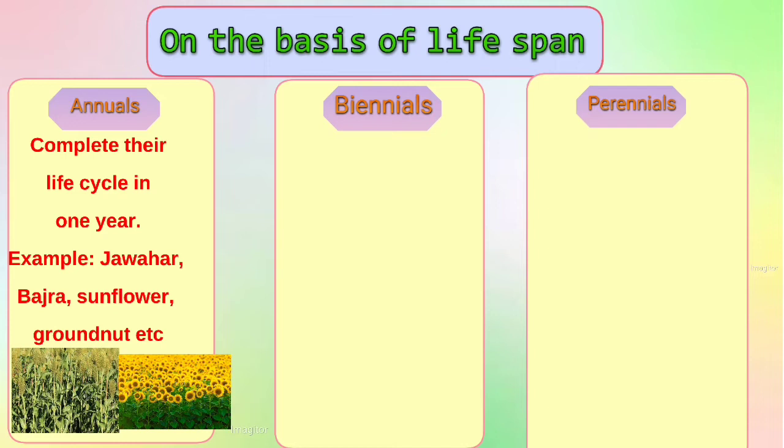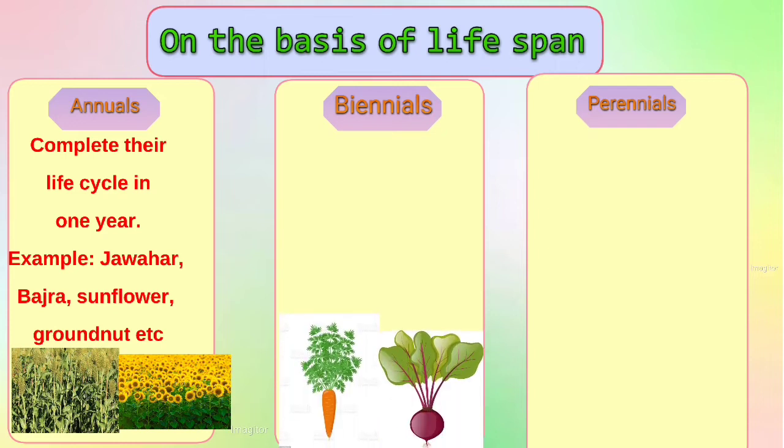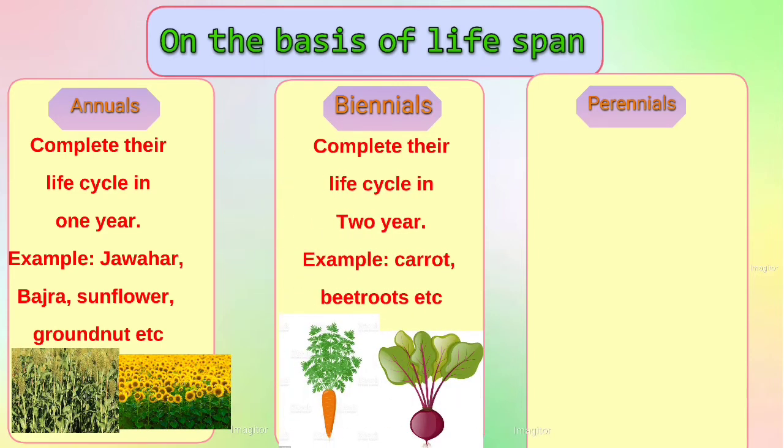Biennials. Plants like carrot, beetroot have their life cycle of 2 years. That means they grow and die in 2 years. During the first season, they prepare and store food, and in the second season, they bear flower, fruits, and seed.